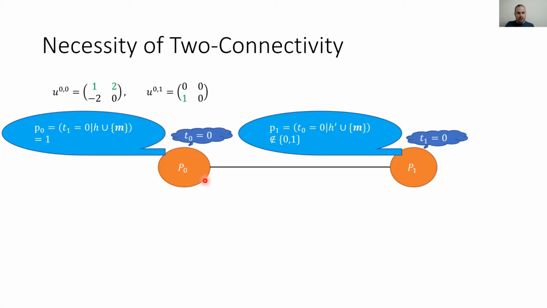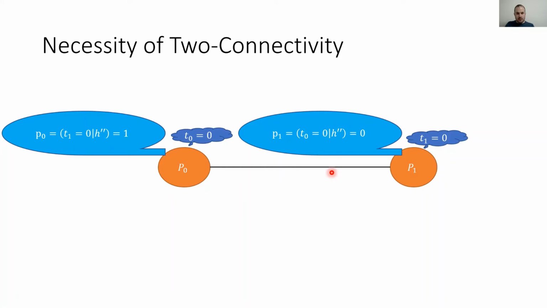So he will send messages which will influence player 1 to think that his type is 1. He can do it because player 1 still does not know what the actual type of player 0 is.